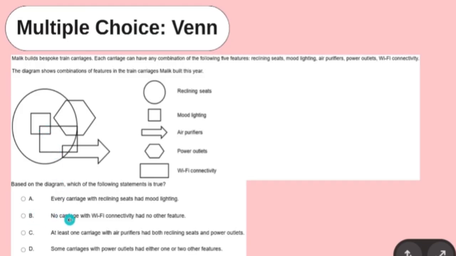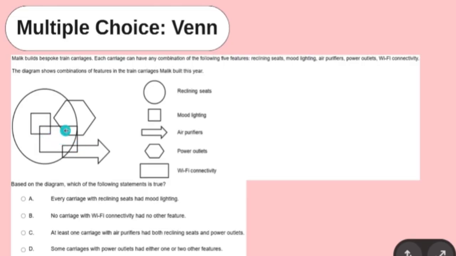Then we've got option B. No carriage with Wi-Fi connectivity had no other feature. So there's 2 no's there, you've got to be careful of that. So we're looking for Wi-Fi connectivity, which is that rectangle here, and no other feature. No carriage with Wi-Fi connectivity had no other feature, which means basically we're looking to see whether those carriages with Wi-Fi connectivity had any other feature.